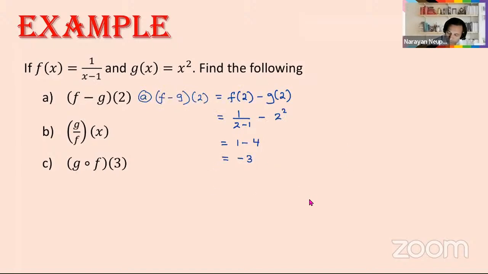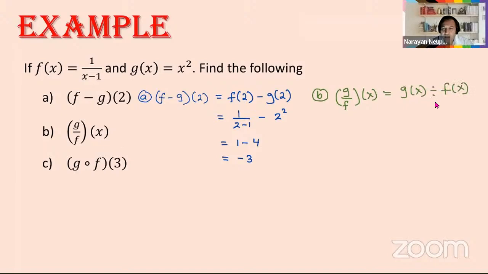Now let's move on to part B and find out what we are asked to do there. In part B, we are asked to find g over f of x. This is the same as g of x divided by f of x. That is the meaning.